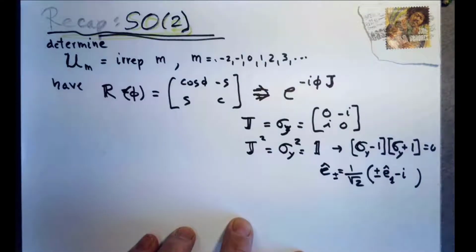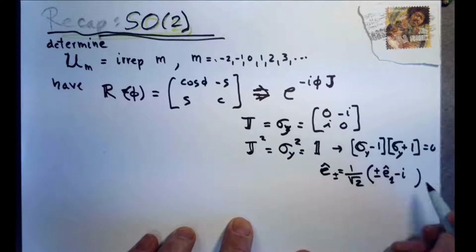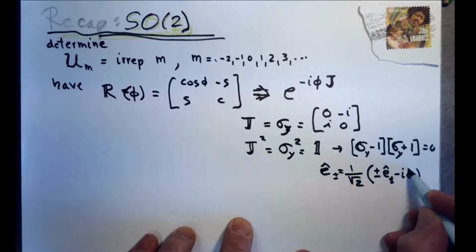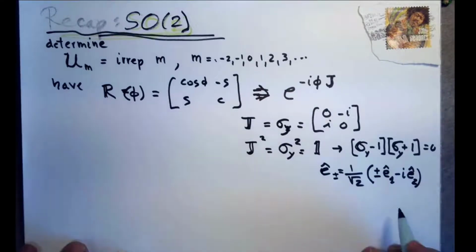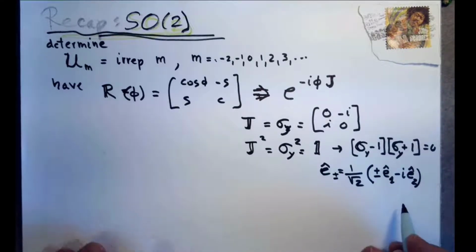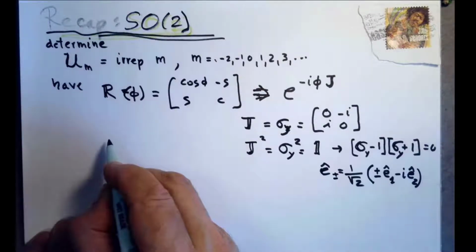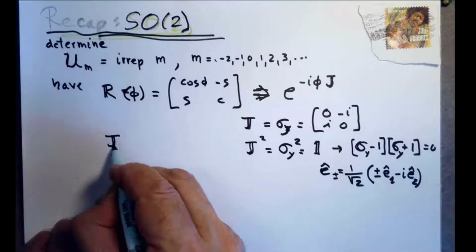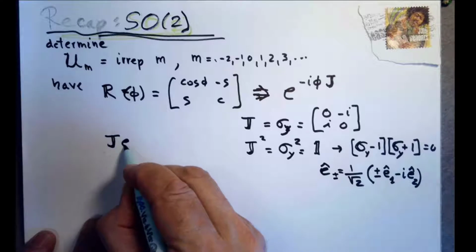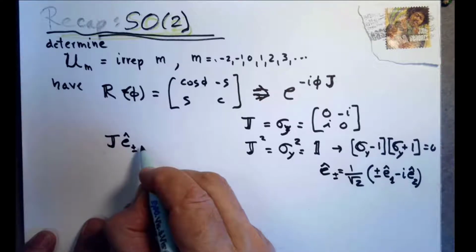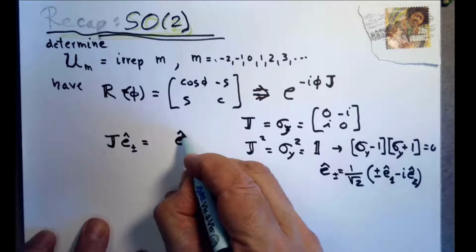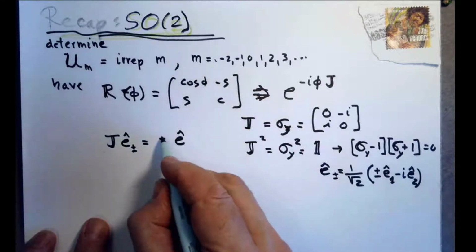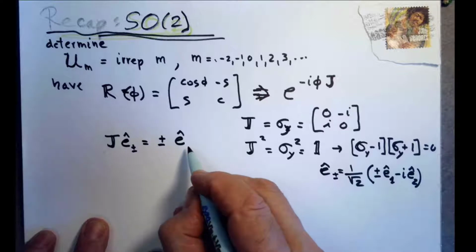Nobody asked for complex, but that's the miracle of trying to find roots of polynomials. And with these eigenvectors, we have that our generator acting on the eigenvector plus minus gives me the eigenvector back with the eigenvalue, which is a very simple one. It's plus minus 1.